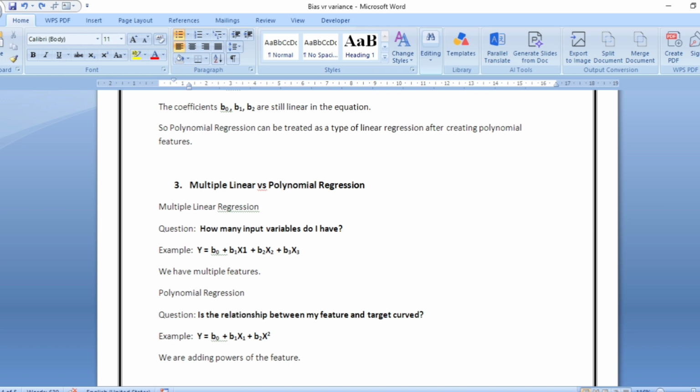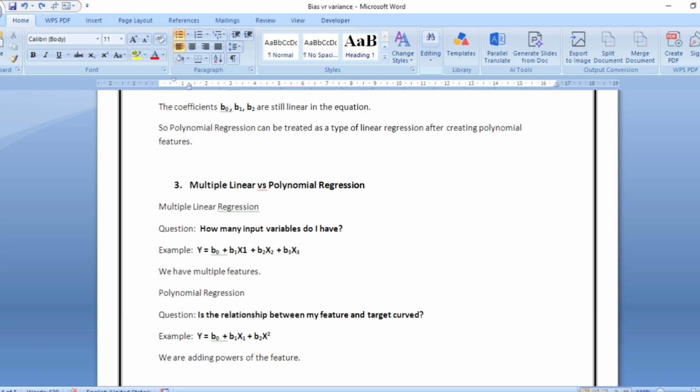When we have multiple features, we use this formula. But for polynomial regression, we ask the question: is the relationship between my features and target curved? And there we use the formula y is equal to b0 plus b1 x1 plus b2 x square. So we are adding powers to it.